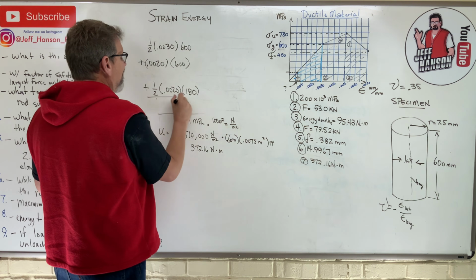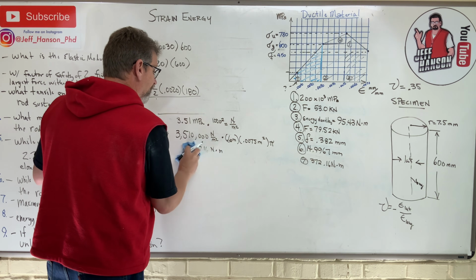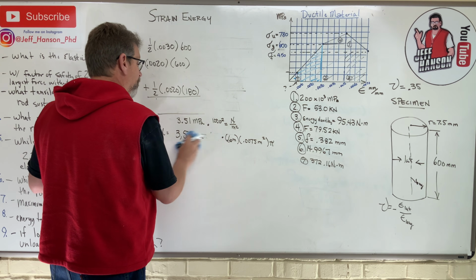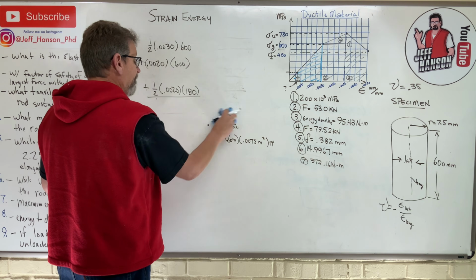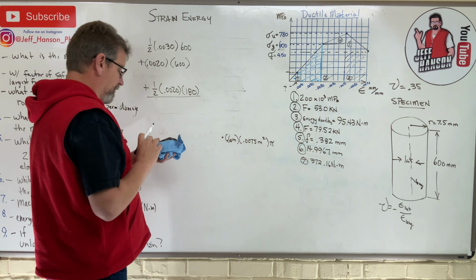Now we just add that bit up. Okay, so what do we got there? I'm going to leave this part because I know we're going to need that, aren't we? Okay. All right. So let's see. Here we go, calculator.